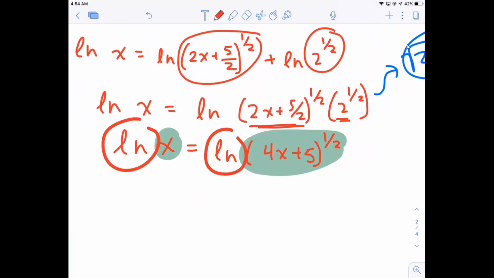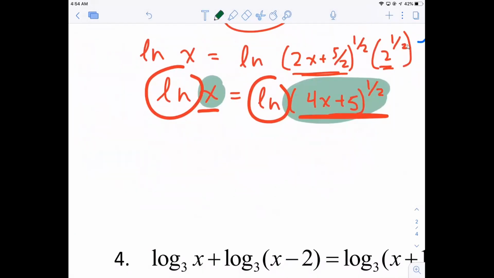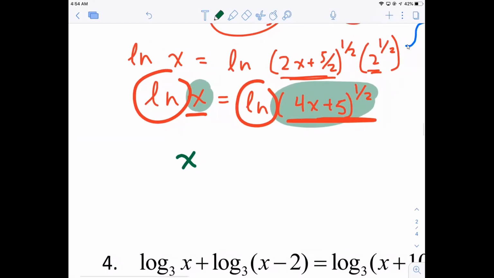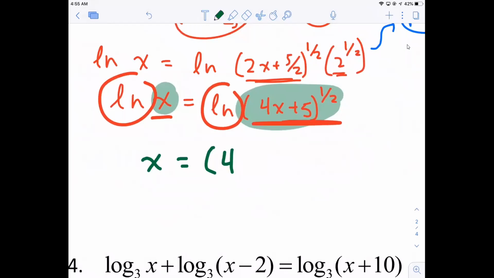If I'm taking the natural log of x and the natural log of 4x plus 5 to the 1/2 power, in order for the left side to equal the right side, those arguments must be equivalent. Just like you can take the natural log of both sides, we can take the inverse natural log of both sides and just get rid of the natural logs. And so x equals 4x plus 5 to the 1/2 power. And now we're solving a square root equation.